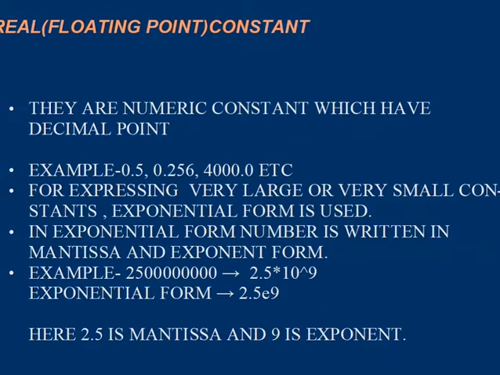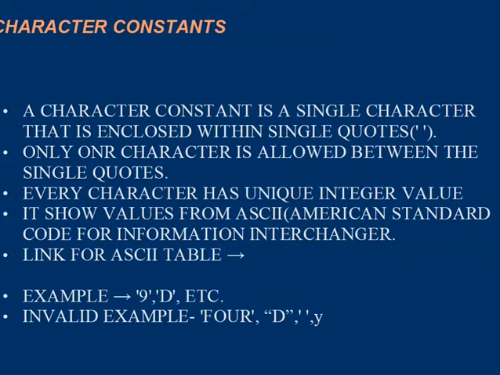So moving to the next, that is character constant. A character constant is a single character, meaning only one character is allowed as a character constant, and these character constants are enclosed within single quotes. And the thing you have to note is that every character has a unique integer value.